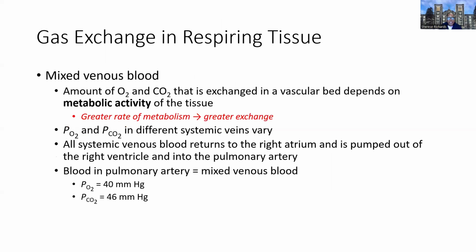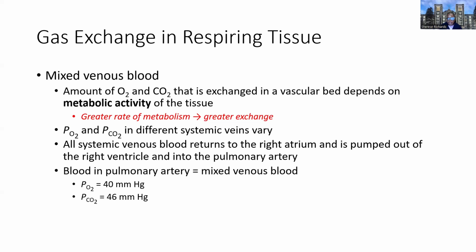Let's talk about the metabolic demand. So within our mixed venous blood, the amount of oxygen and CO2 exchange is dependent upon what the metabolic activity at the tissue level is. We kind of talked about this idea when we looked at things like active hyperemia, reactive hyperemia with the vasculature. Here with the gases and their exchange is a similar phenomenon.